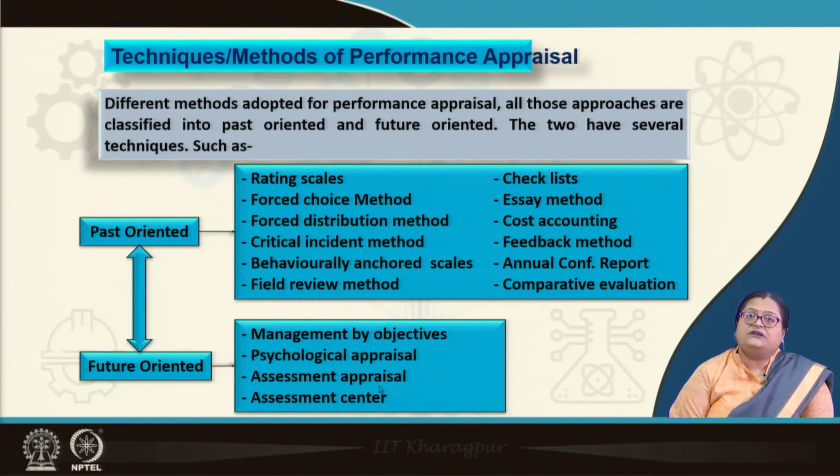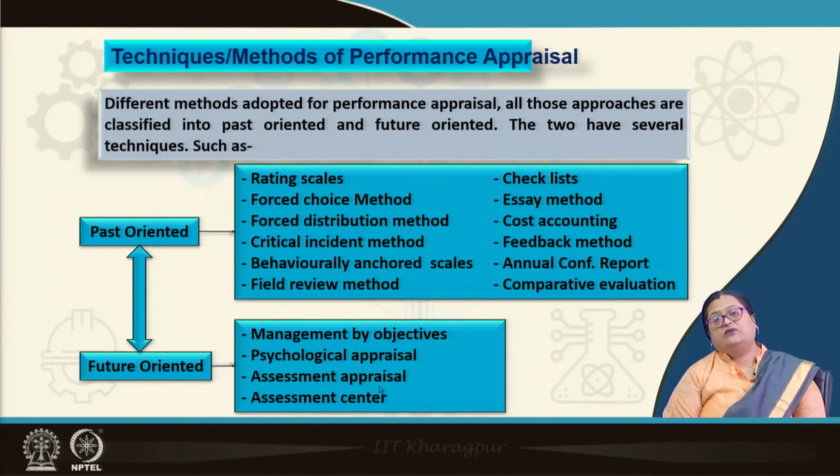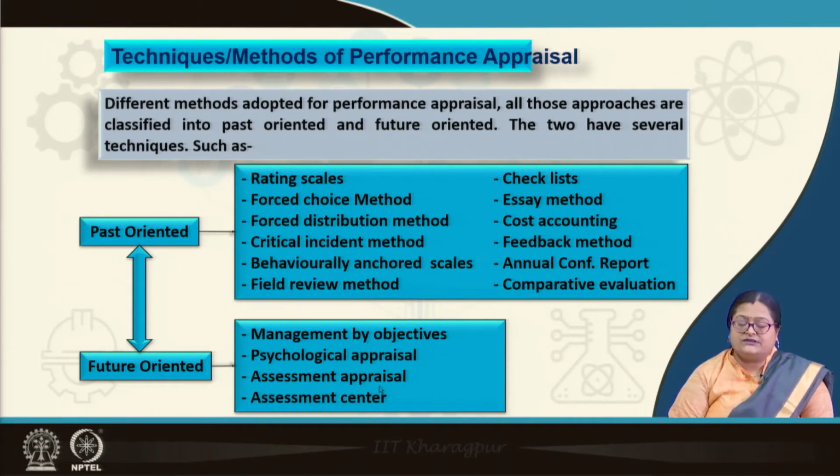In the past oriented approach, there are different appraisal techniques like rating scales, forced choice method, forced distribution method, critical incident method, behaviorally anchored rating scale, field review method, checklists, essay method, cost accounting, feedback method, annual confidential report, and comparative evaluation.